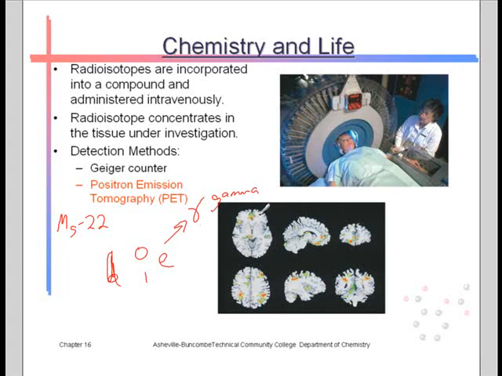And so when you look at this, the chemical concentrates in different portions of the brain. This is for obsessive compulsive behavior, and they're doing a PET scan of different slices of the brain. You can see that there are different regions of the brain that are more active with that particular disorder, and so they can localize where that occurs.